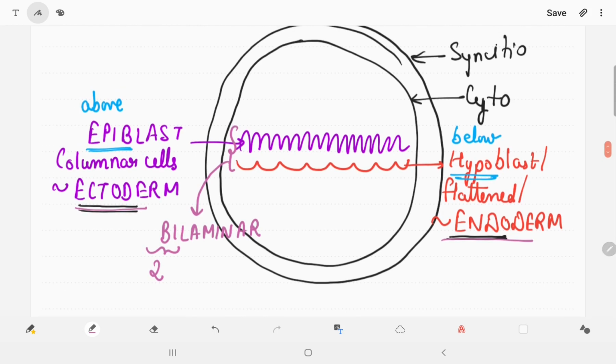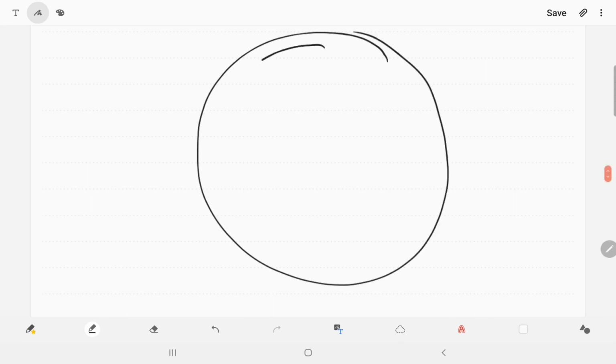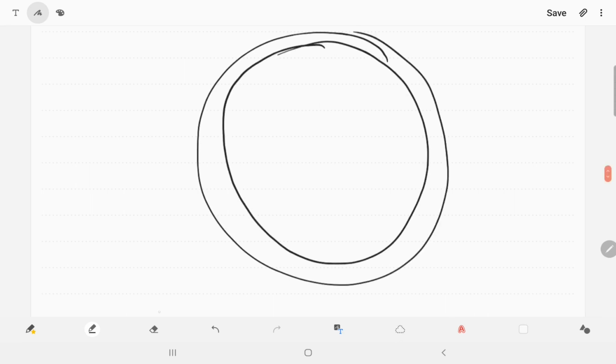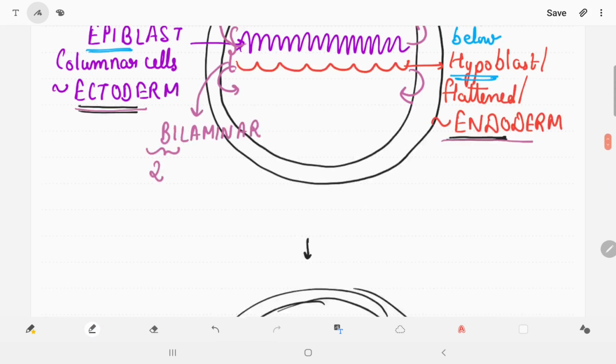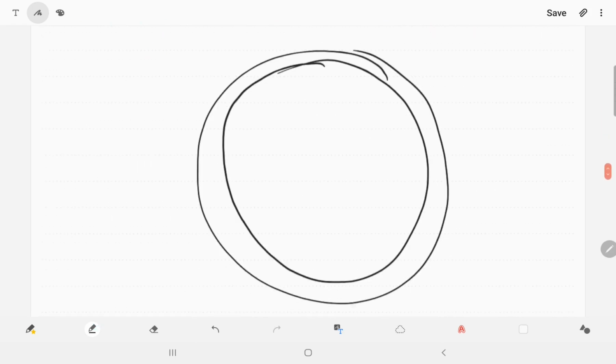Okay. Now, I want you to understand that this epiblast will grow all around 360 degrees inside the cytotrophoblast. Similarly, this hypoblast will grow all around 360 degrees, right? So what I am trying to say is, if I further try to develop the diagram, this is my syncytial trophoblast, this is my cytotrophoblast, and I had formed the epiblast and the hypoblast.